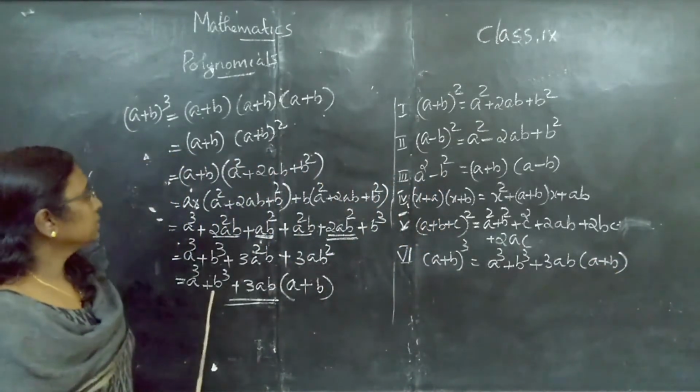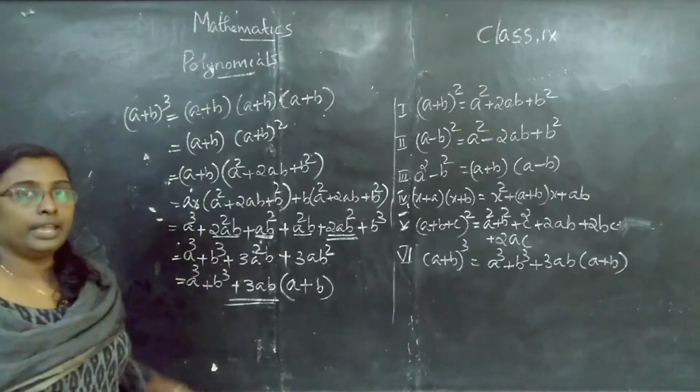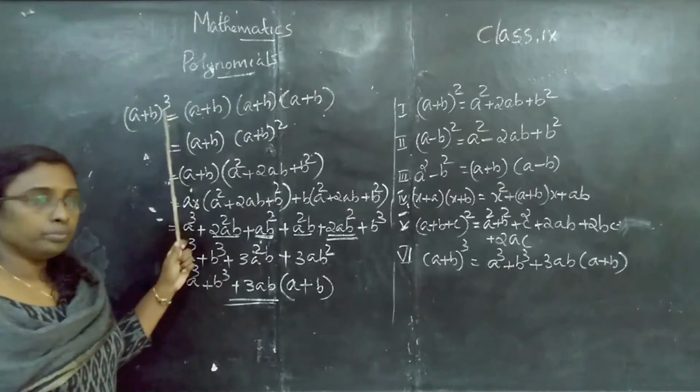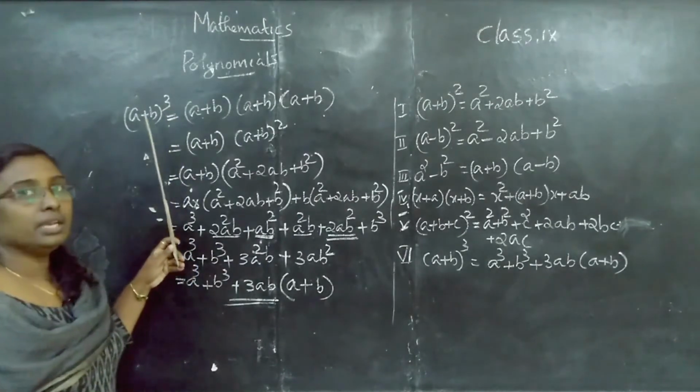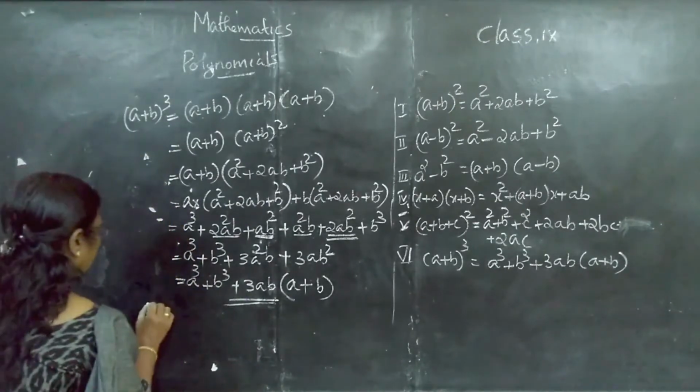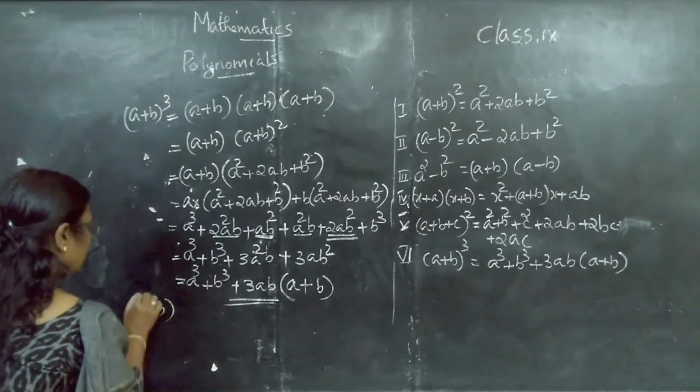Then we have to find a minus b the whole cube. In order to find a minus b the whole cube, substitute minus b in place of plus b. We get a minus b the whole cube.